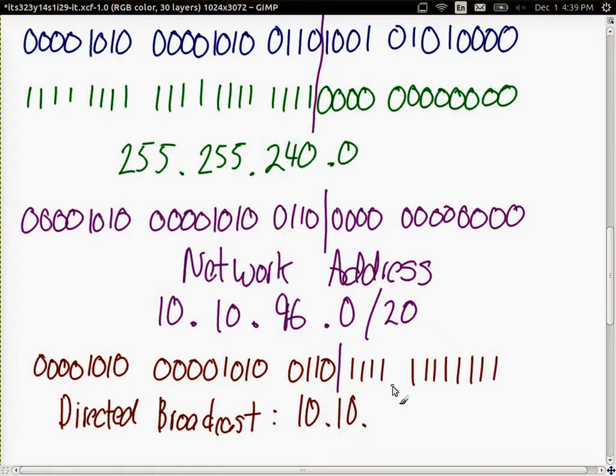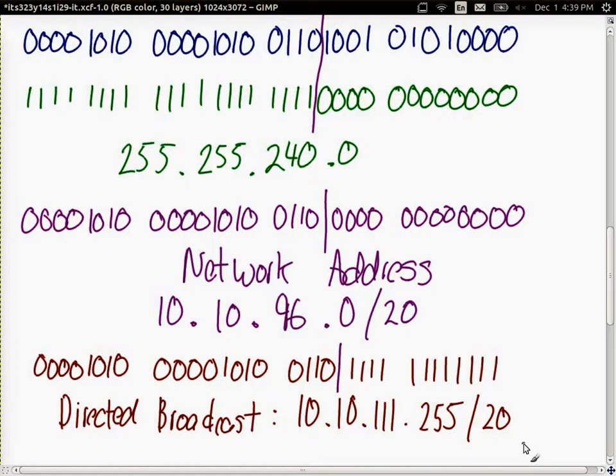What's this address? 96 plus 15 is 111, so 10.10.111.255/20. So that one's a little bit more complex. We don't always get this nice .255. Here the split is at the 20th bit.